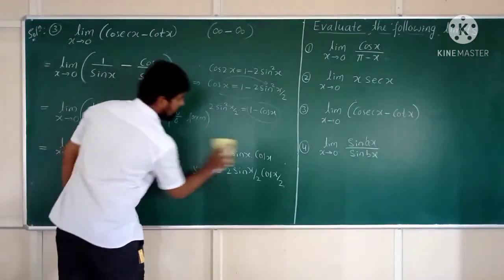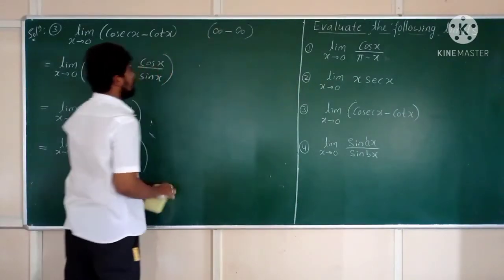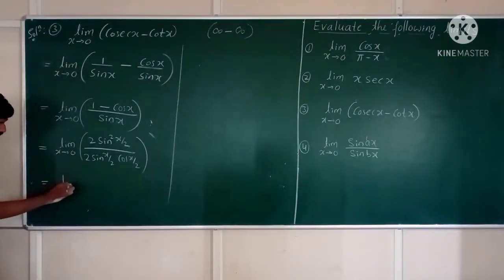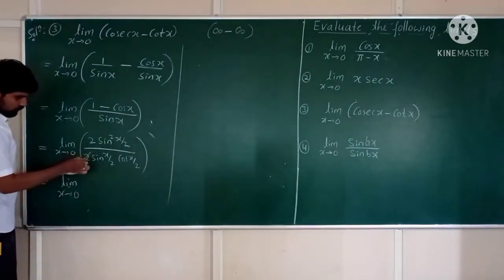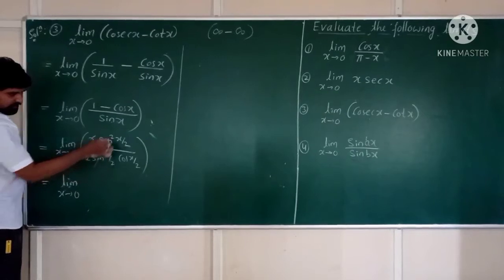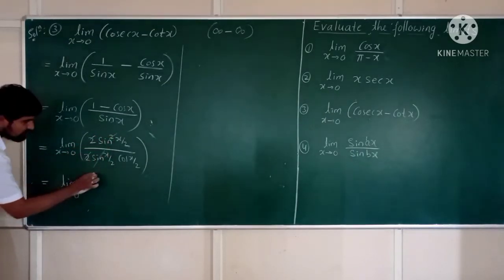Now, which is equals to limit x tends to 0. 2 and 2 get cancelled. Sin x by 2, sin x by 2 get cancelled. Remaining limit x tends to 0.